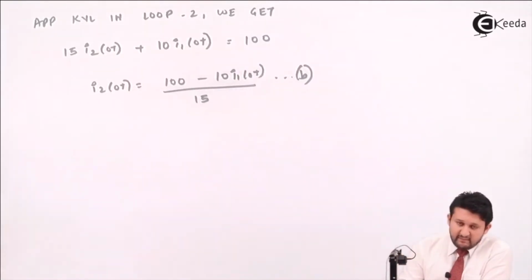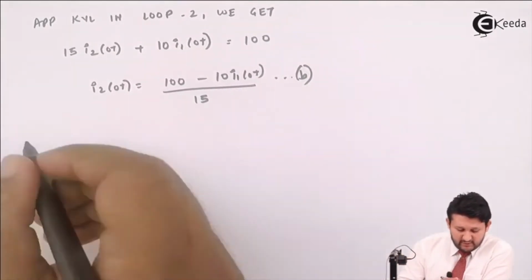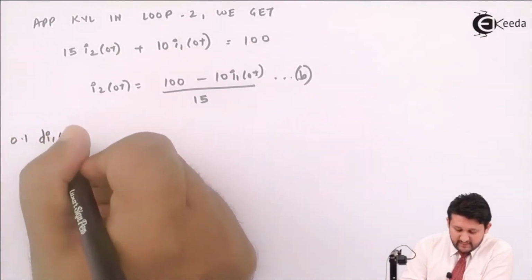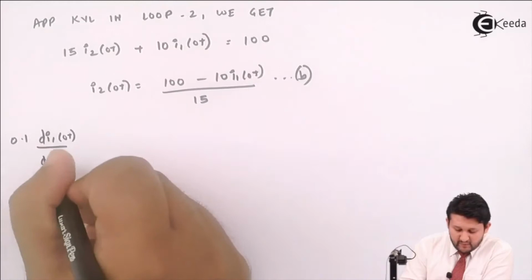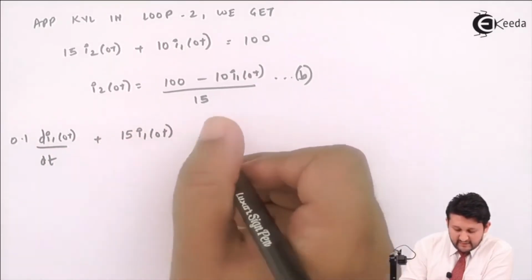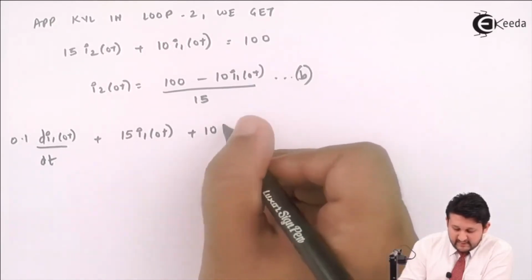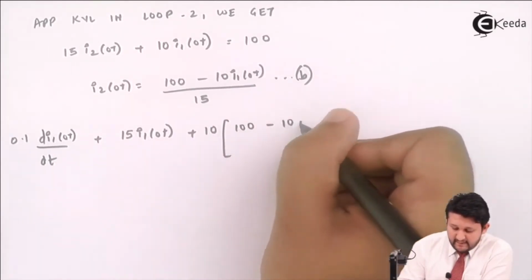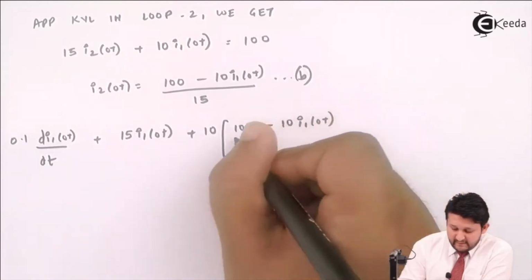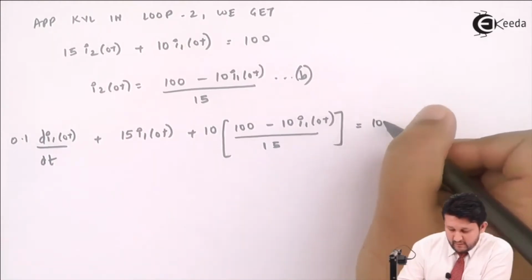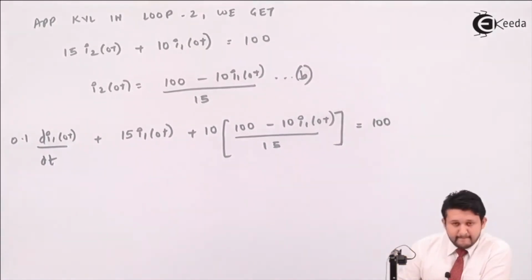So put this equation into the previous equation which you got. The equation which you got before is 0.1 di1 of 0 plus by dt plus 15 I1 of 0 plus plus 10 times the value of I2, which is nothing but 100 minus 10 I1 of 0 plus upon 15, equal to 100.